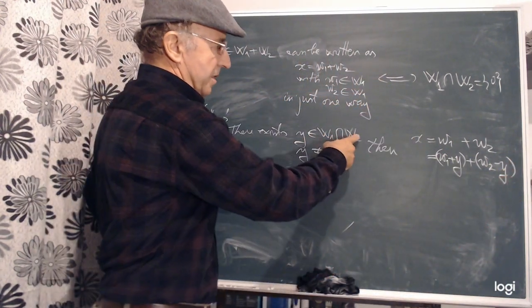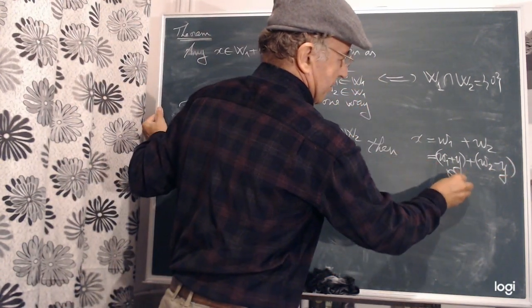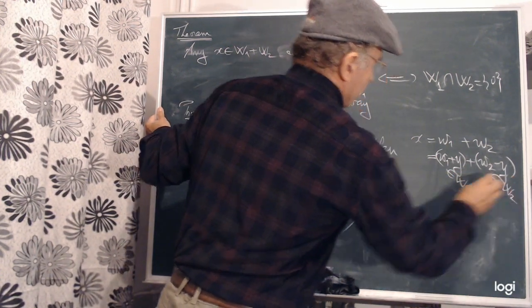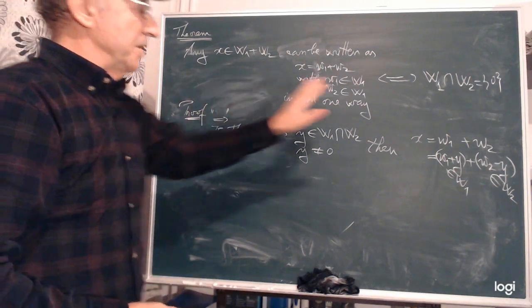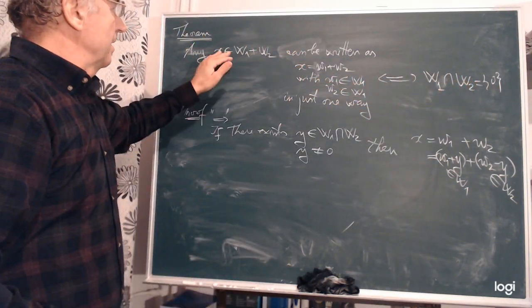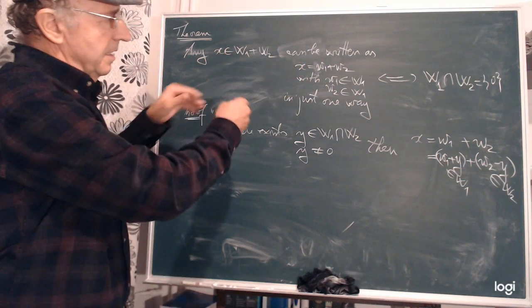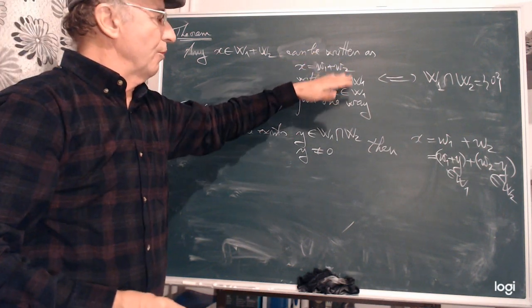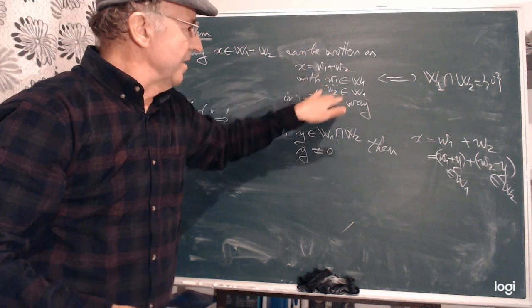This is from the intersection, so this will be from W1, this belongs to W2. So if the intersection is not 0, then a vector can be decomposed in more than one way in this form.